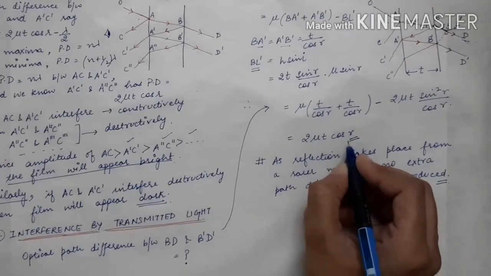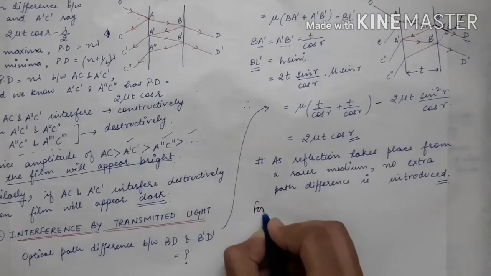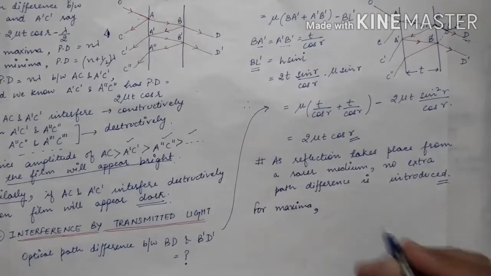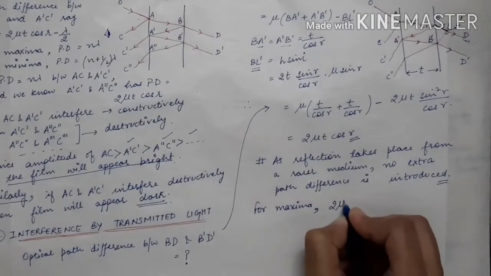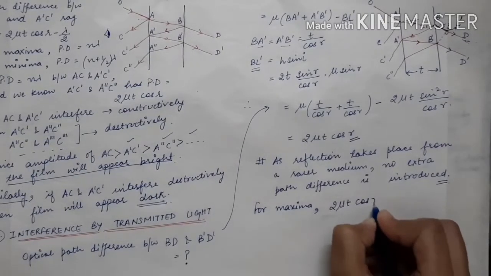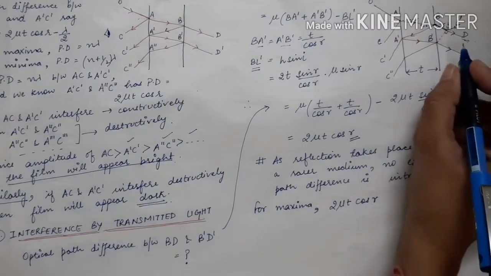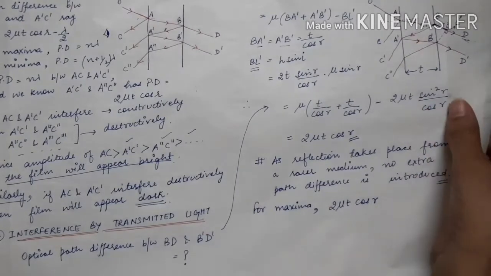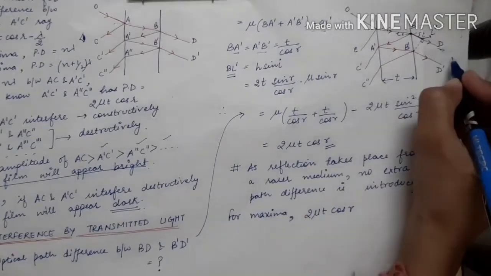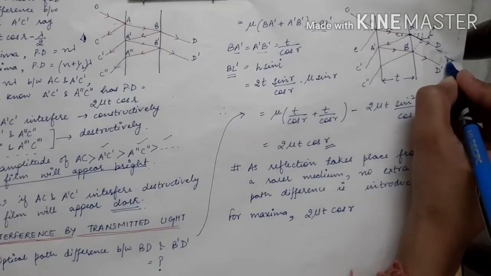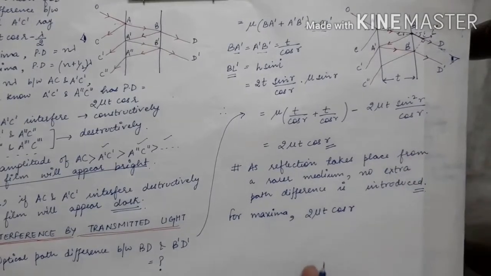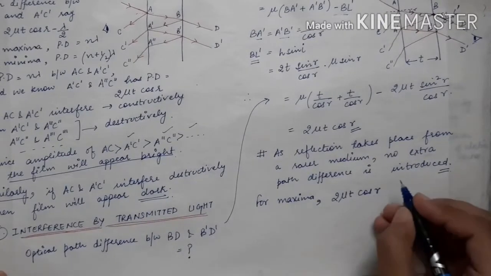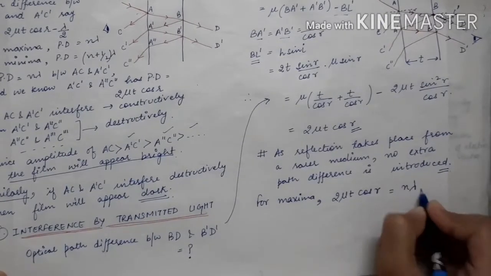So for maxima, 2 mu t cos r for the case of transmitted light, if the film is viewed from the right hand side, from this point, for that case 2 mu t cos r should be equal to n lambda.